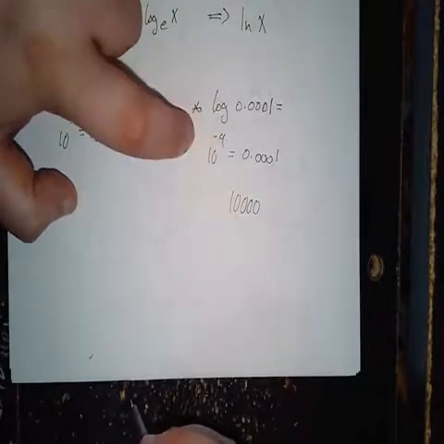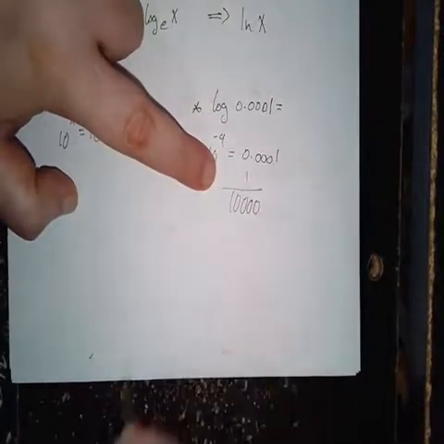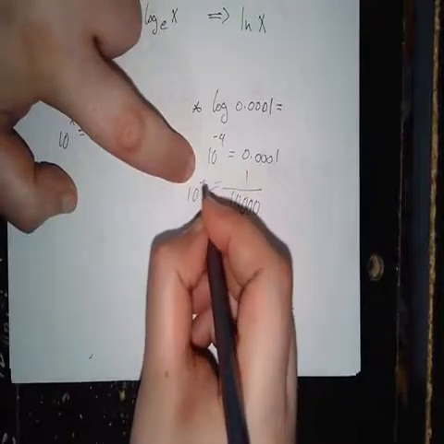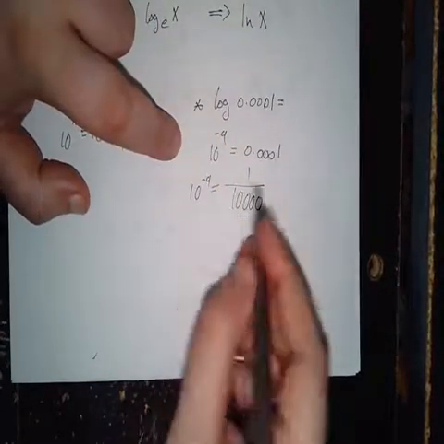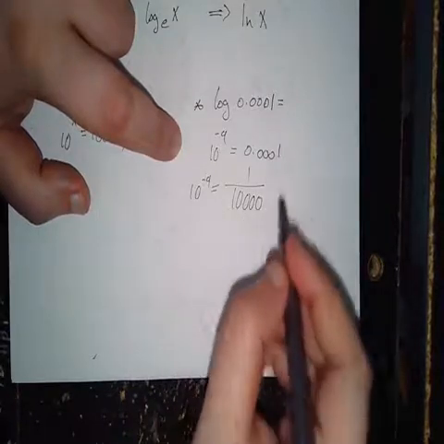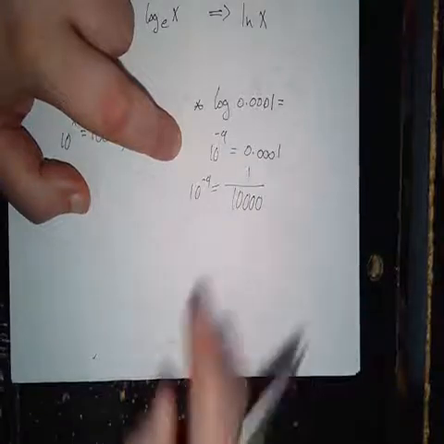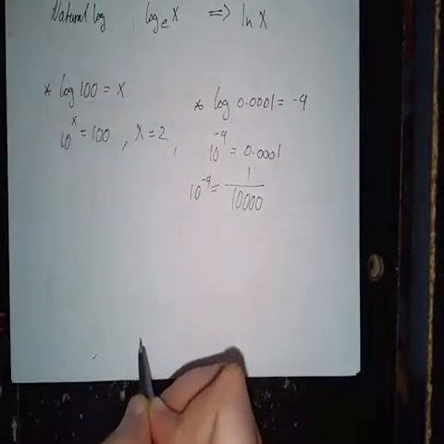Correct? That's 10 to the 4th. Now, since it's negative, that means it has to be on the bottom. So, that's what that equals. Now, if you want to write this in decimal form, it's going to look like this. Make sense? So the answer is negative 4.